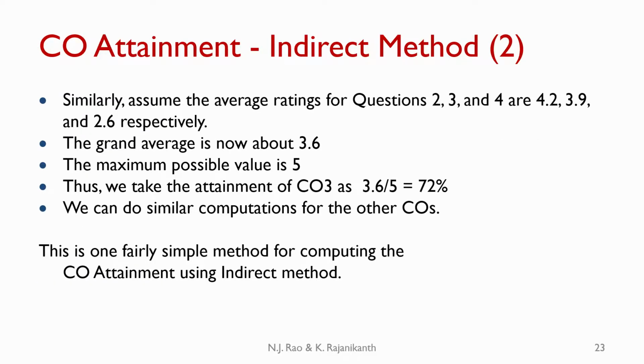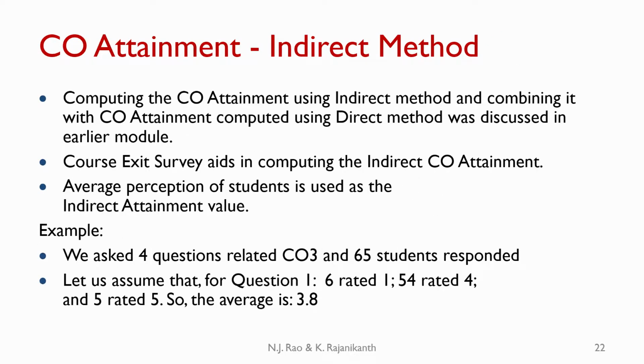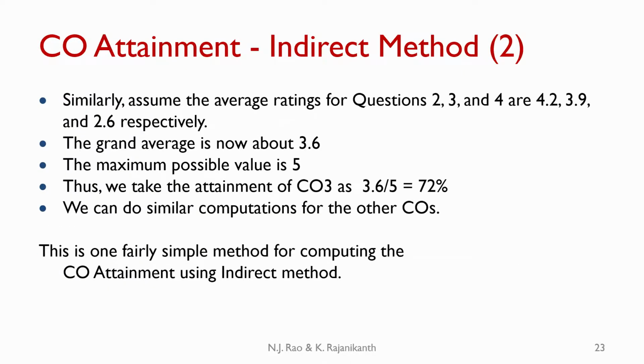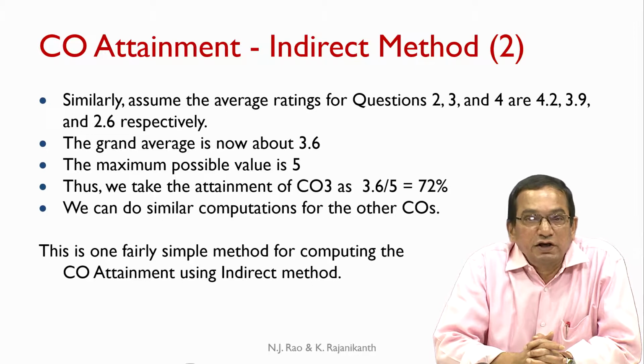Now, similarly, assume that the average ratings for questions 2, 3 and 4 are, as sample values, 4.2, 3.9 and 2.6 respectively. So, the grand average is about 3.6, that is the average of values for all 4 questions: 3.8, 4.2, 3.9 and 2.6.